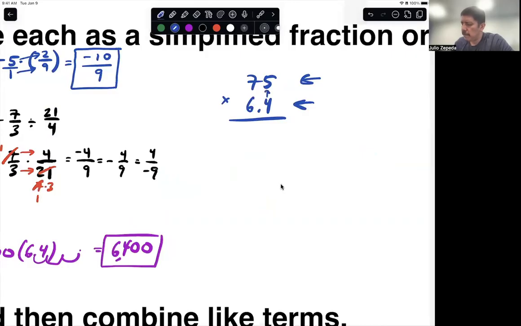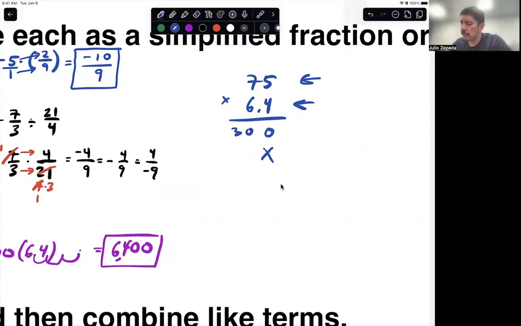4 times 5, that's 20. 4 times 7 is 28. Plus 2 more is 30. Then we move over to the next number here. We're multiplying the 6 through now. We can put an X because now we're in the tens place, or we're in the next place value.